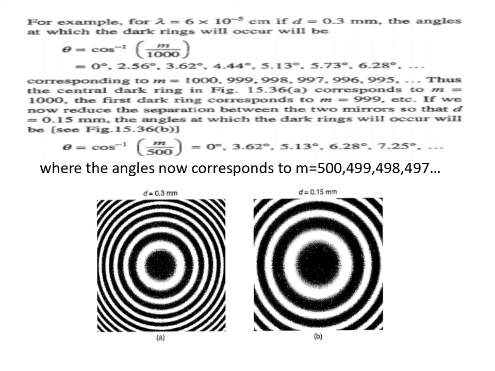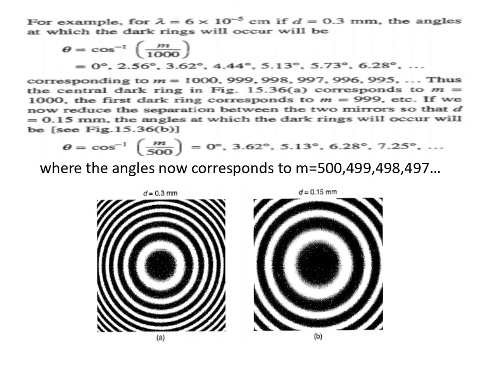Now consider an example for lambda equal to 6 times 10 raised to minus 5 centimeter and small d equal to 0.3 millimeter. The angles at which the dark rings will occur will be theta equal to cos inverse of m by 1000.